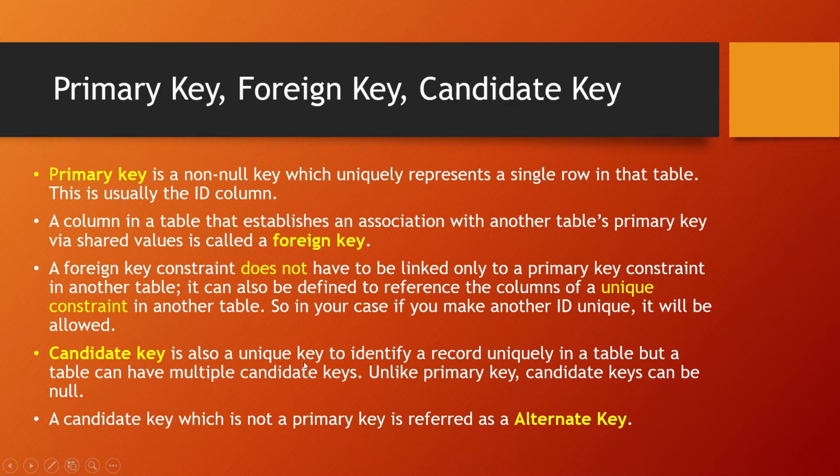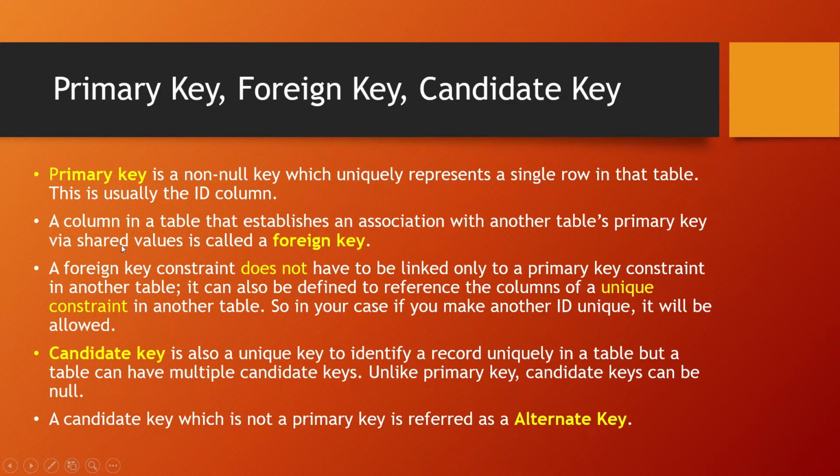Candidate key is also a unique key to identify a record uniquely in a table, but a table can have multiple candidate keys. Unlike primary key, candidate keys can be null. So candidate key is something which is unique like primary key to identify a record, but a table can have multiple candidate keys.